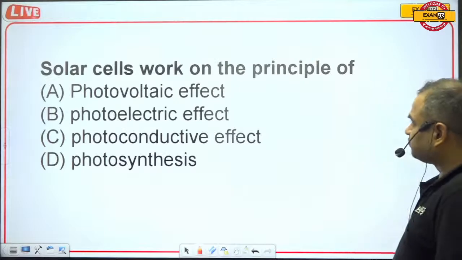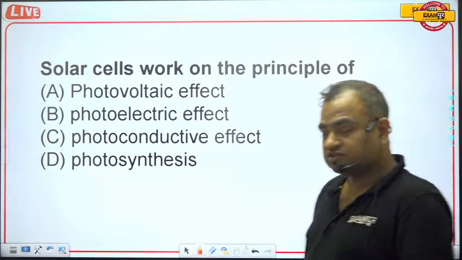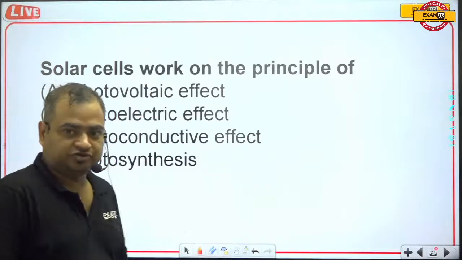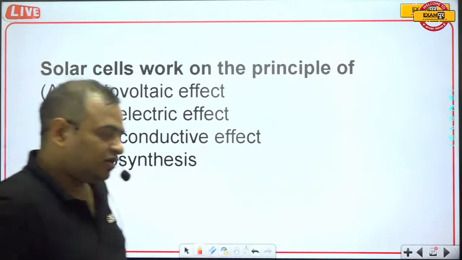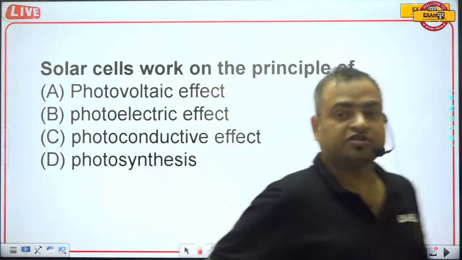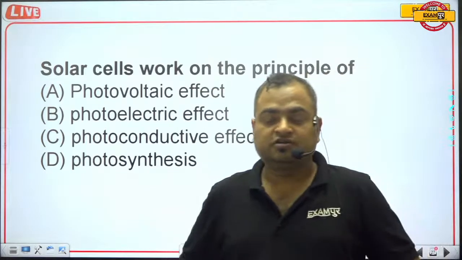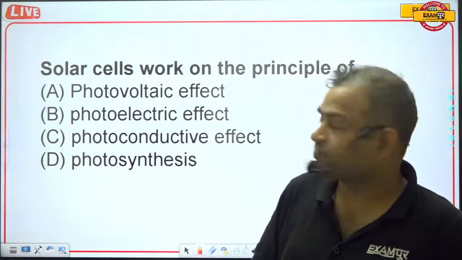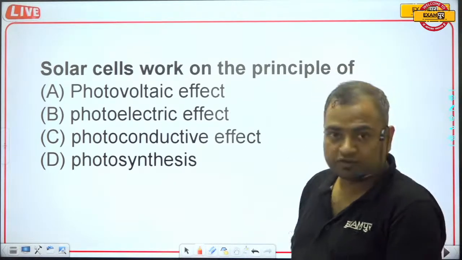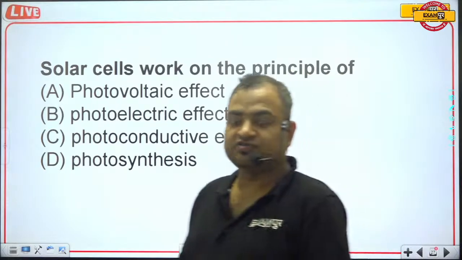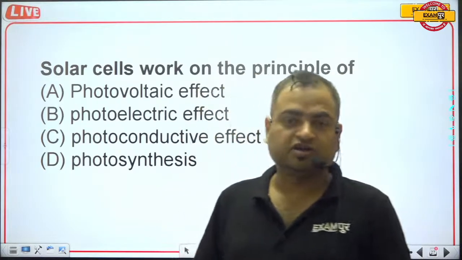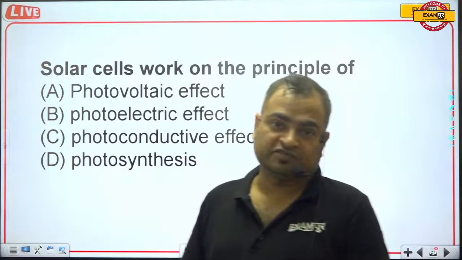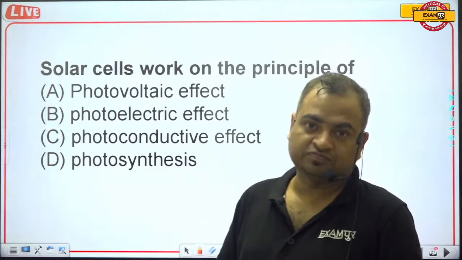Now, solar cells work on the principle of... this one is the need of the day. Guys, we have some natural resources of energy. Some of them are coal and petroleum. These are known as the conventional energy resources, but some of them are non-conventional energy resources.